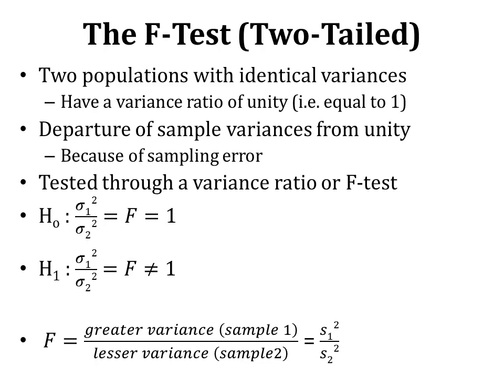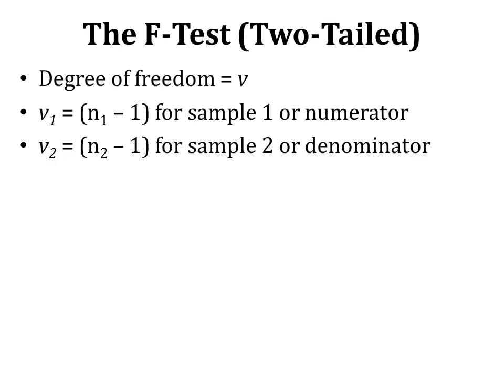This is a simple formula. For the f-test we have 2 degrees of freedom because we have 2 samples. V1 is the degree of freedom for sample number 1, the numerator, and V2 is the degree of freedom for sample number 2, the denominator. So we calculate 2 degrees of freedom.